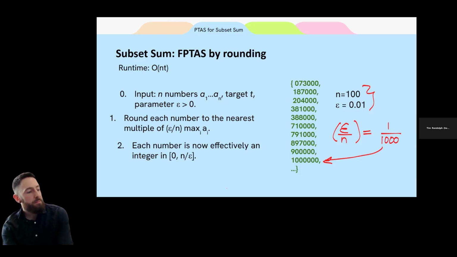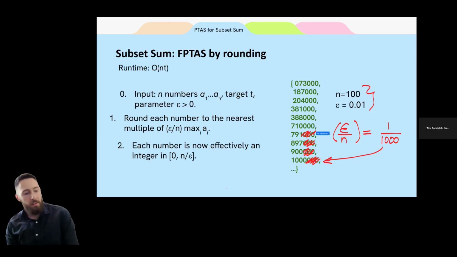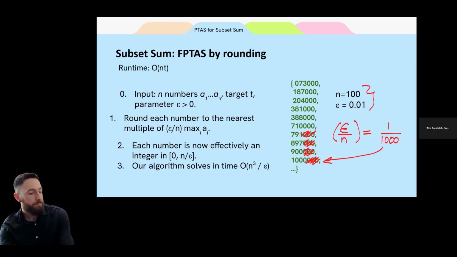And now I claim that all the numbers are effectively integers in the range between 0 and n over epsilon, because essentially we rounded all of these numbers to one of 1,000 values. So if we wanted to, for instance, ignore these last three zeros, we could just scale the inputs down because we've already rounded them. So the size of our largest input is now much smaller.